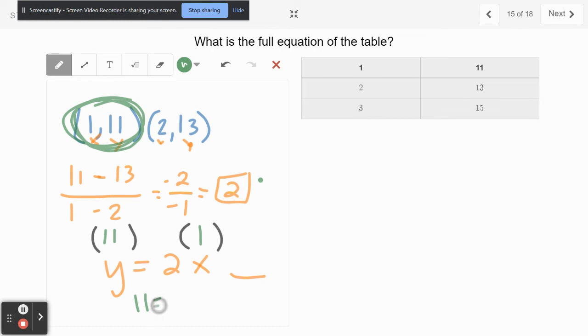So 11 equals 2 times 1 equals 2. That's what we're just doing. We're reading the sentence here. Now, does that, oh, let me go back. Does 11 equal 2? No. So I have to add something. What do I have to add to make it 11? Once I do that, then I'm good to go. Okay? y equals 2x plus 9.